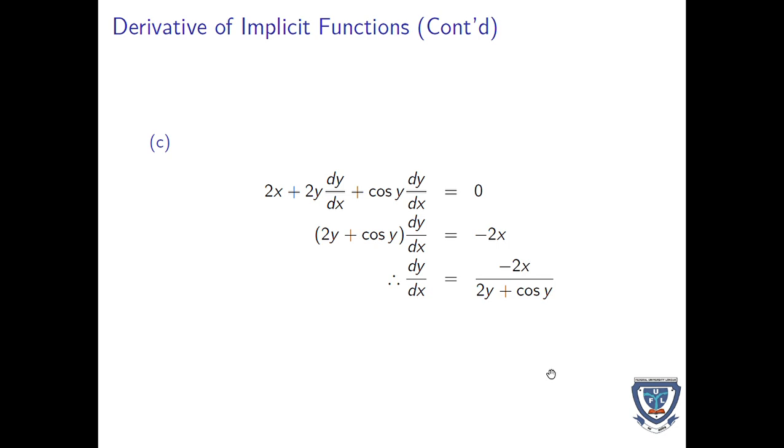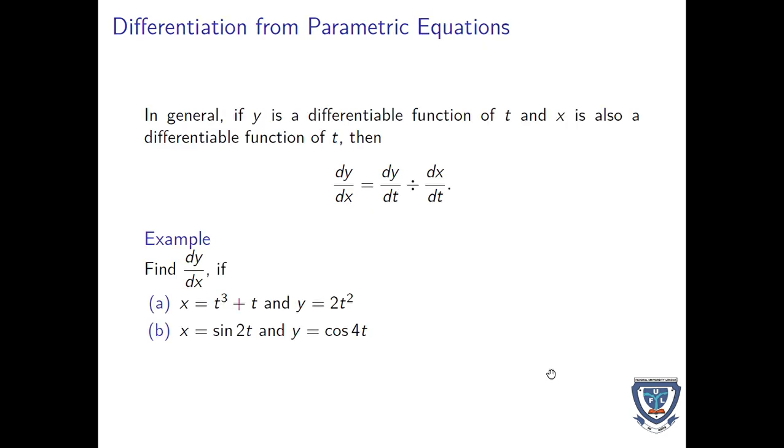Now, differentiation from parametric equations. In general, if y is a differentiable function of t and x is also a differentiable function of t, then dy/dx is equal to dy/dt divided by dx/dt. Okay, now let's look at this example.